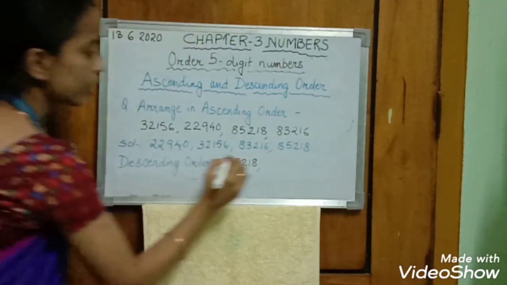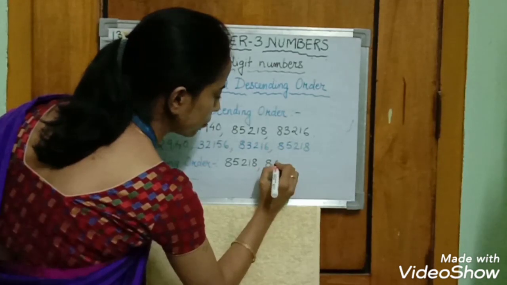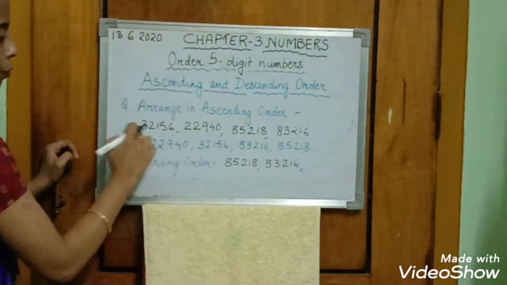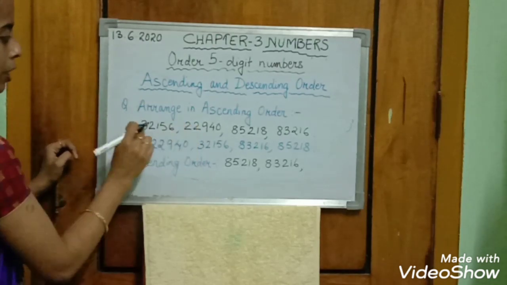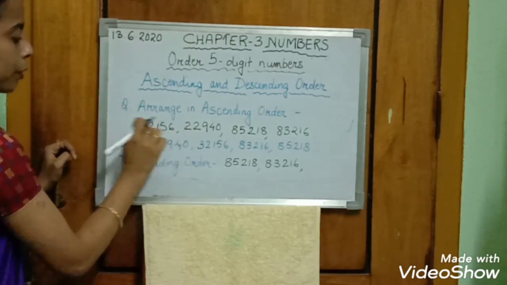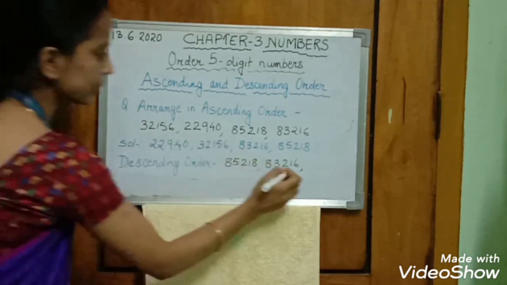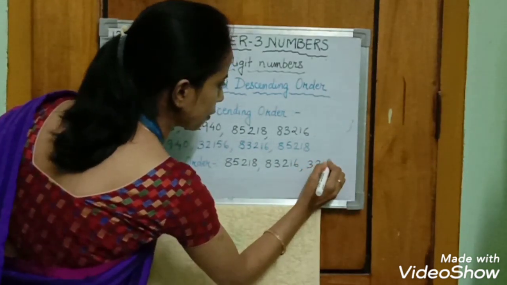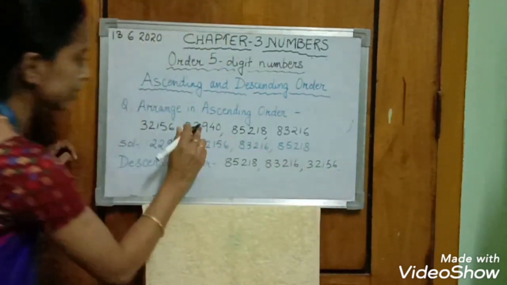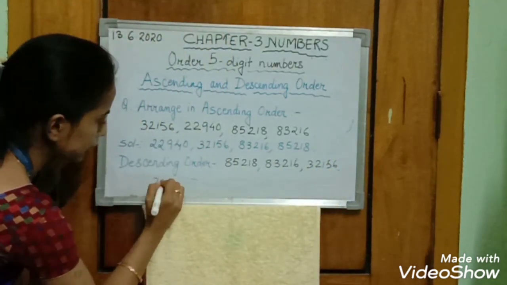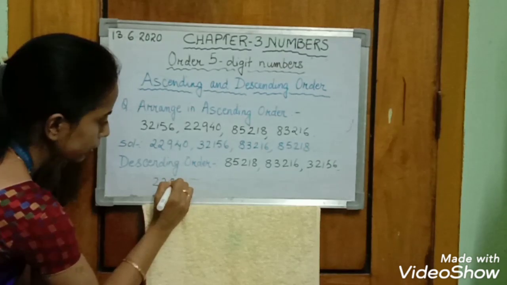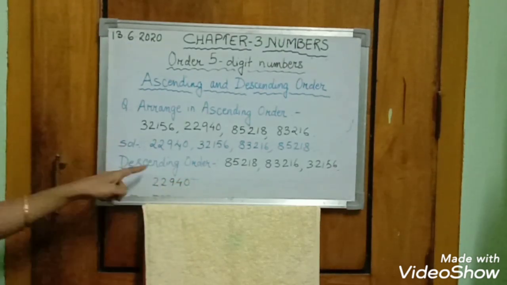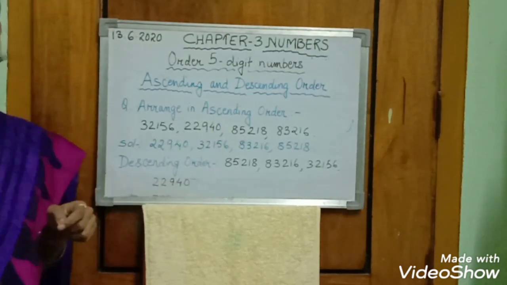Then 83,216. Now, these two numbers here you see, as 3 is greater than 2, so next number will come 32,156, and the last, the smallest one, is 22,940.